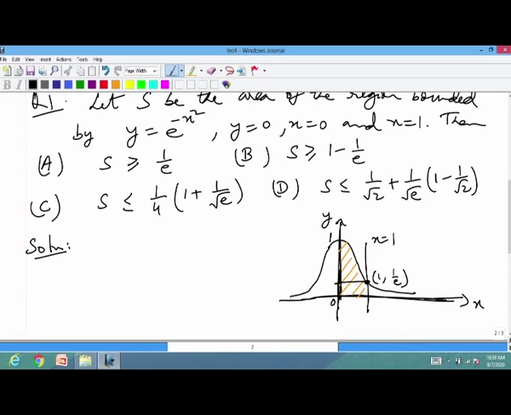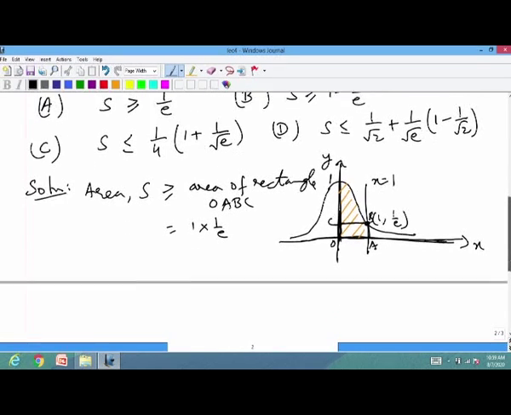Clearly we can see that this area is bigger than or equal to the area of this rectangle, which is 1 by e times 1. Let us call these points O, A, B, C. So, S is bigger than or equal to the area of rectangle OABC, which is 1 times 1 by e.